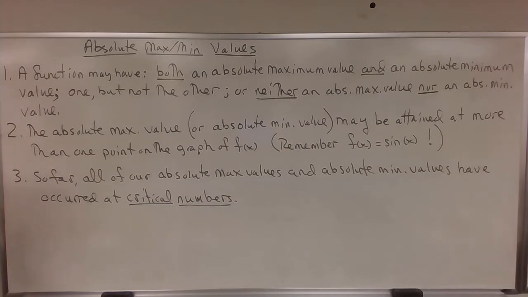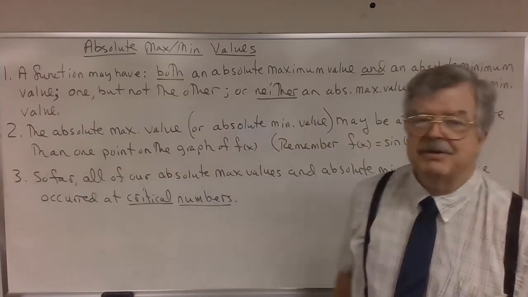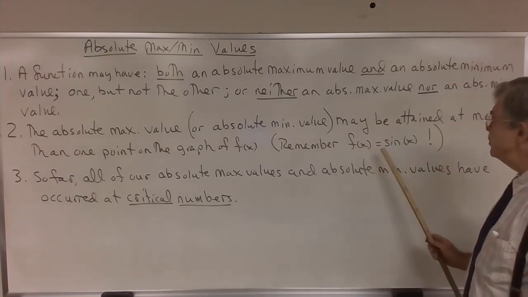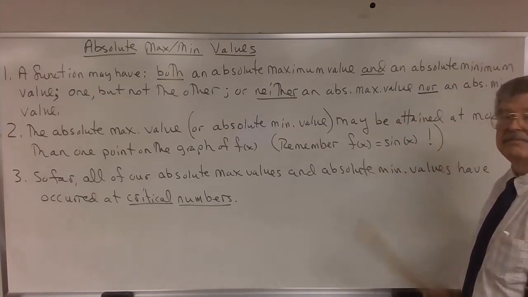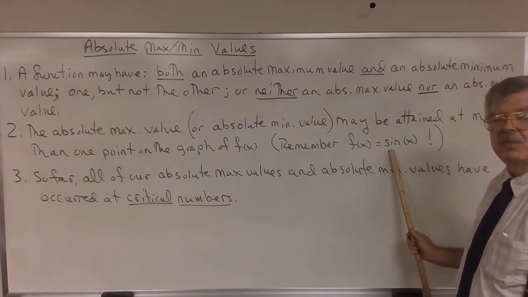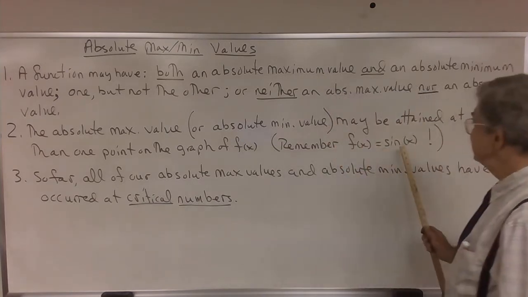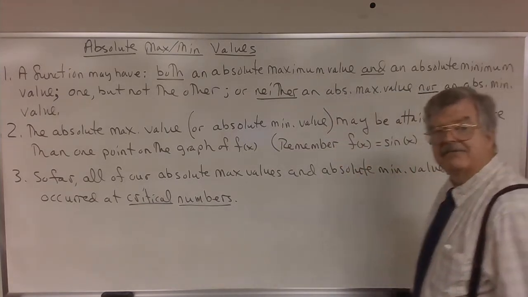The second observation, the absolute maximum value or the absolute minimum value may be attained at more than one point on the graph of f of x. And all we have to do to be convinced of that is just remember what happens with the sine function. The absolute maximum value of sine of x is 1. And the absolute minimum value of sine of x is -1.